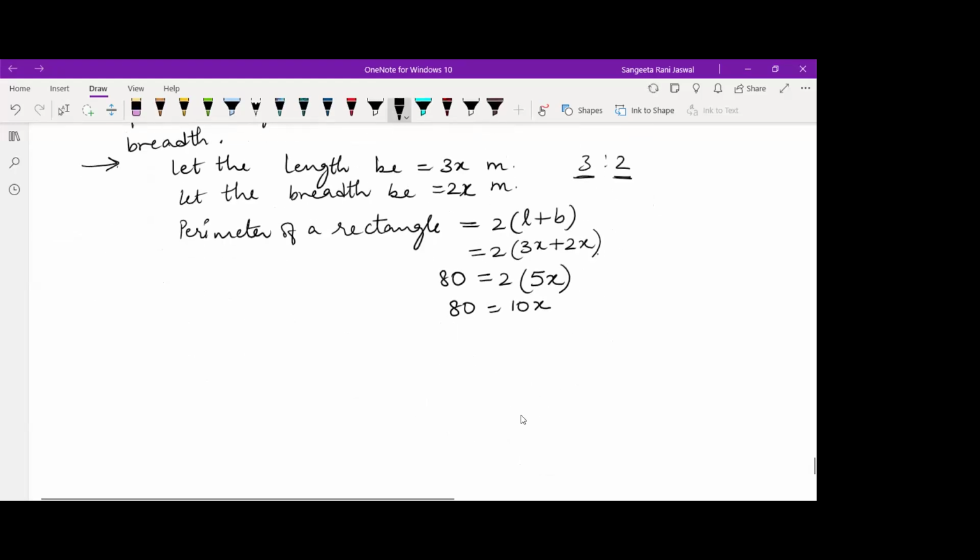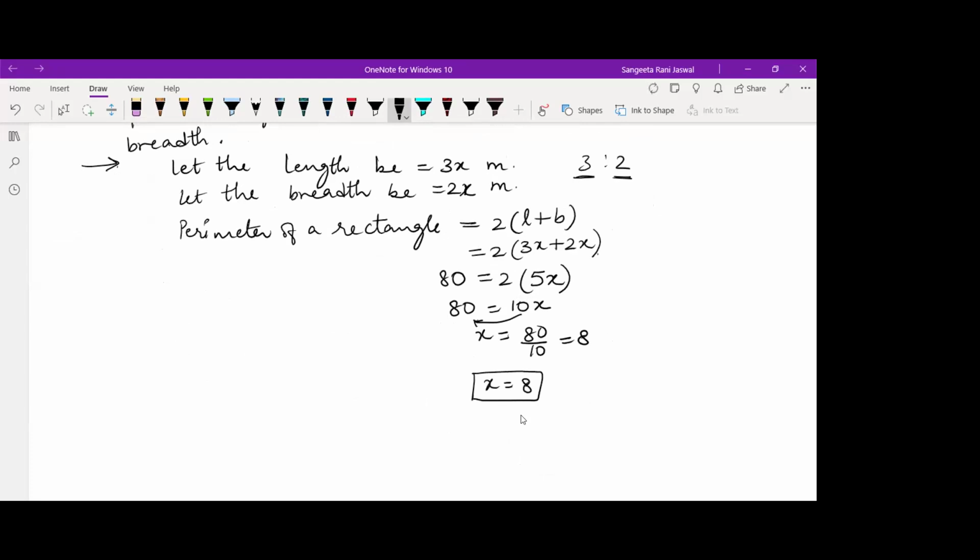So x will be 80 divided by 10, which will give you 8. So now x is 8.